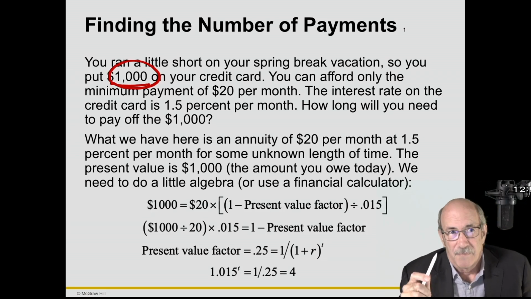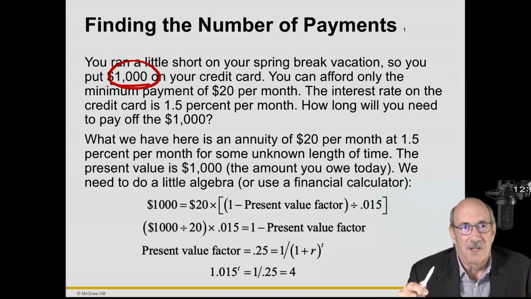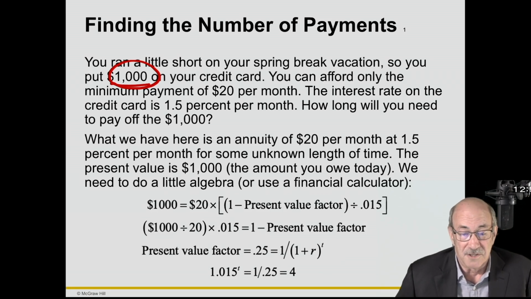By the way, this is a horrible idea, because what you're going to find out is that this takes a long time to pay off when you're paying the bare minimum, the minimum payment on a credit card. You are going to pay a huge amount of interest. Never, ever, ever do this. Only in the most desperate of situations should you even consider doing this. And you'll see exactly why in just a second when we look at the total time it takes.